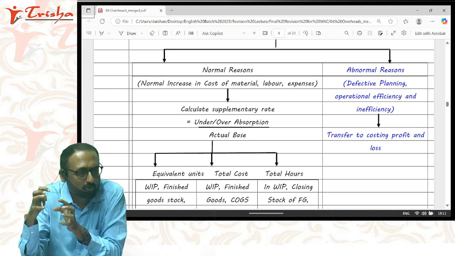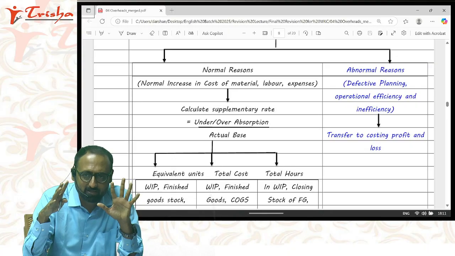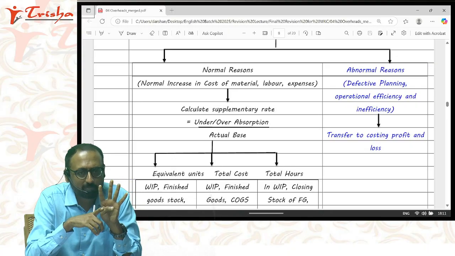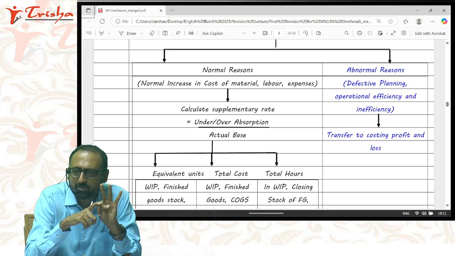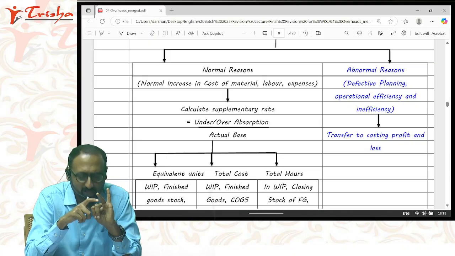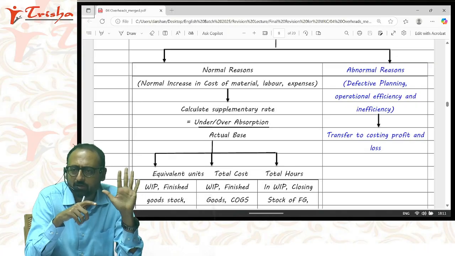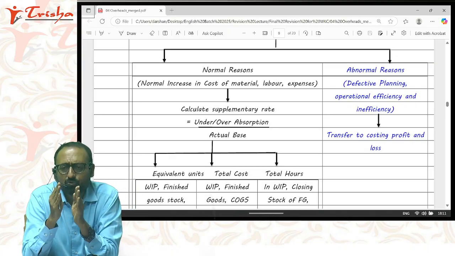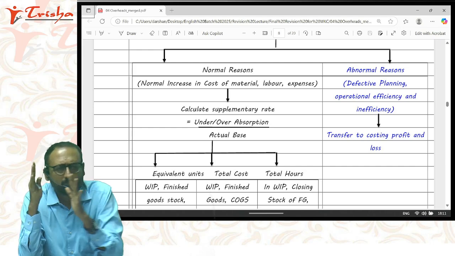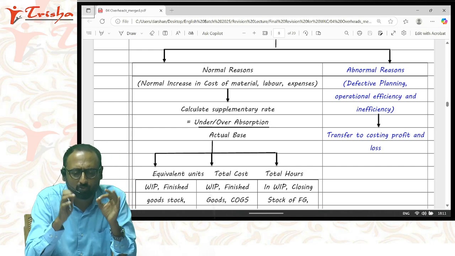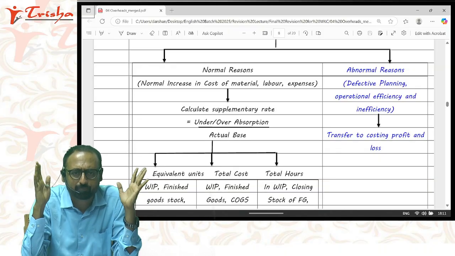These are all abnormal reasons. You'll have to remember these names. Lack of production planning, lack of coordination, defective planning, efficiency or inefficiency of the worker. These are all abnormal reasons. If under absorption or over absorption happens because of abnormal reasons, directly transfer that amount to costing profit and loss account.